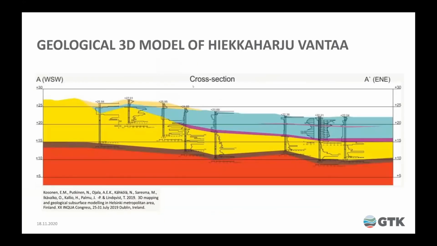And here is a closer look at the model, one cross section there. So you see here all of the data is from the geotechnical investigations, and what we are doing is the interpretation of the drilling resistance data into the geological layers.